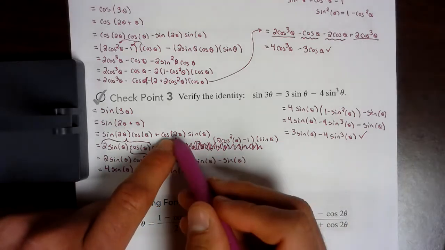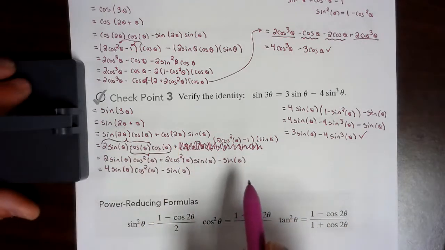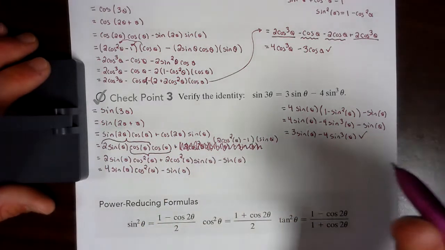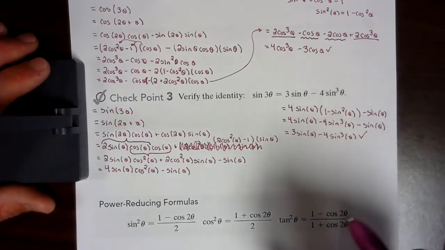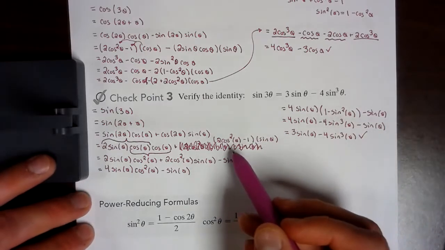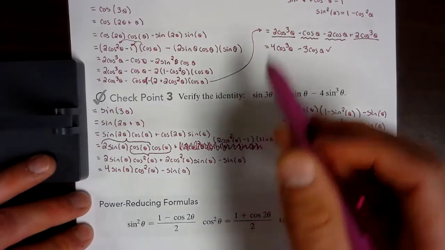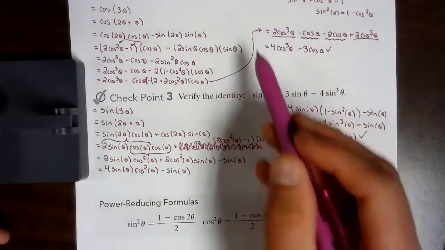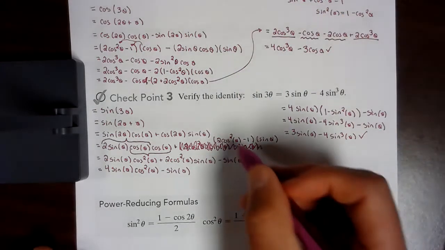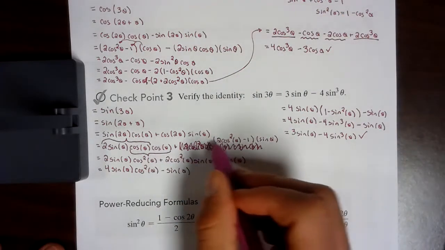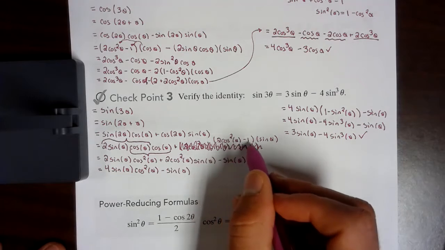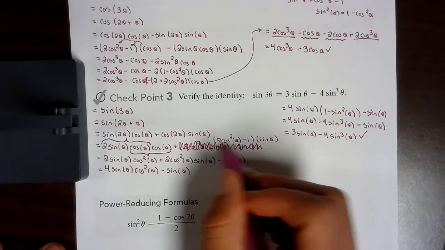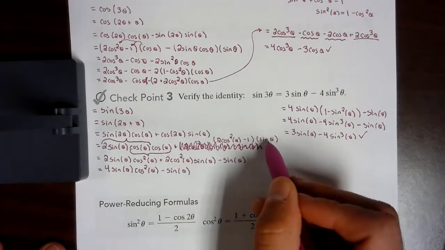I took cosine 2 of theta, and this time I'm like, okay, which direction do I want to go with? Well, I actually wanted to choose the 2 cosine squared of theta minus 1. That was one of the formulas given up top there. So cosine 2 of theta is equal to 2 cosine squared theta minus 1 using the double angle formula times that sine of theta.